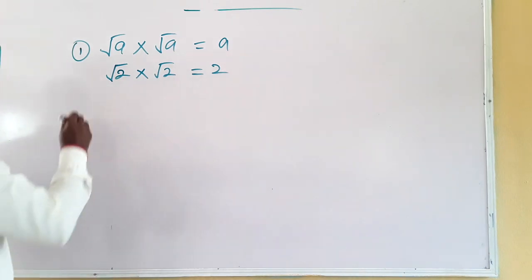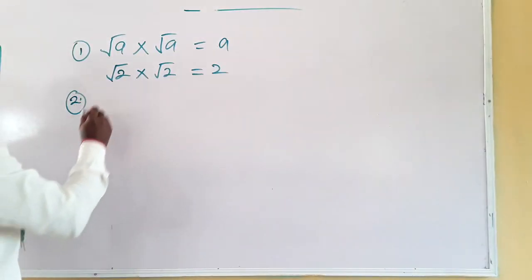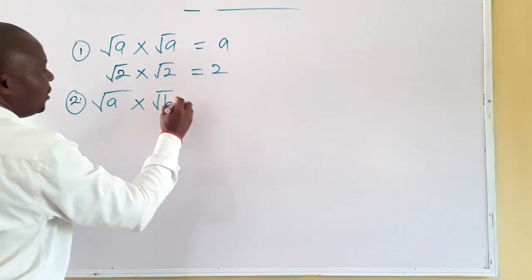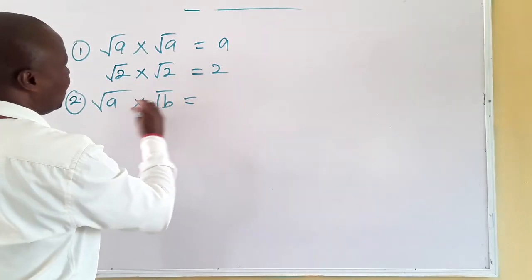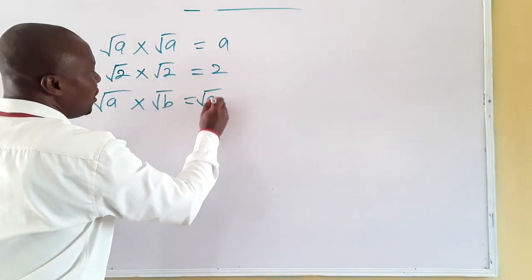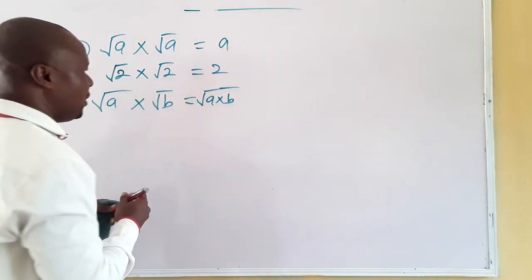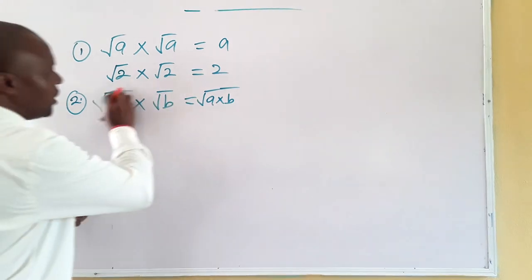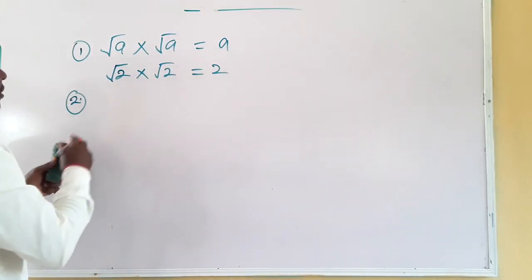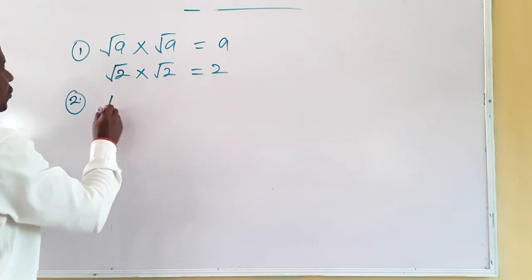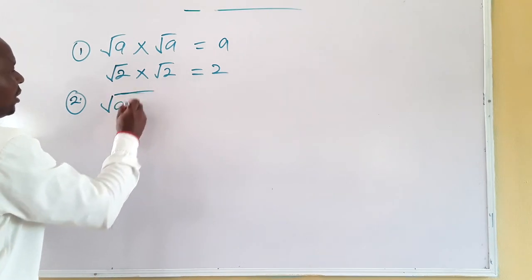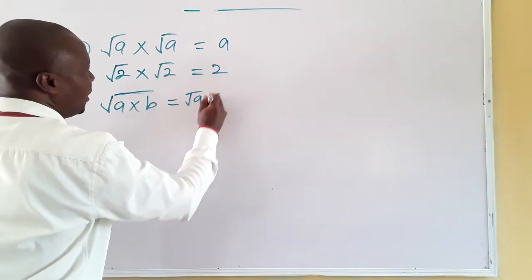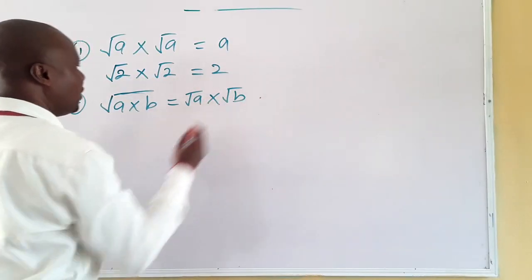Now, the second one I'd like us to consider is root a times root b is equal to root a times b. Or we can reverse it and write that root of a times b is the same thing as the separate root of a times the root of b.